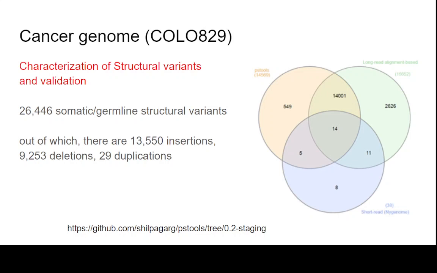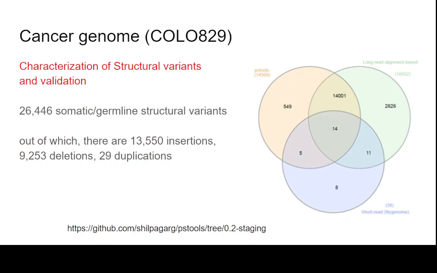Here we observed about 26,000 somatic plus germline structure variations, out of which there were about 13,000 insertions, 9,000 deletions, a few tens of duplications, and also a few tens of inversions.